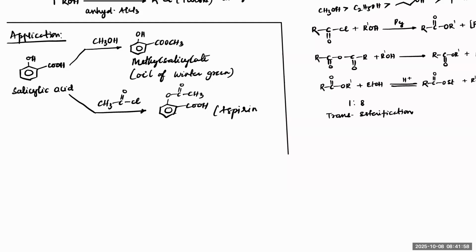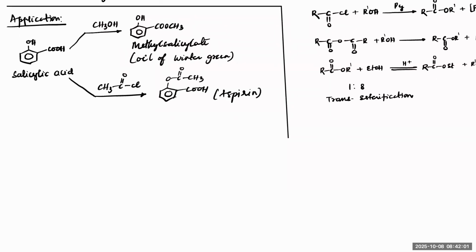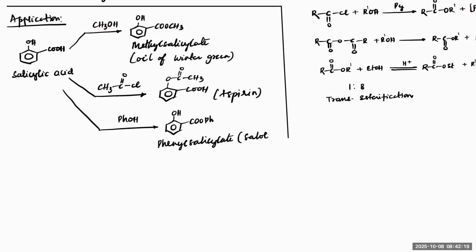Next, if you have PhOH, then you will get OH with COOPh. This is called phenyl salicylate, also known as salol. Remember the names, as names can be directly asked.